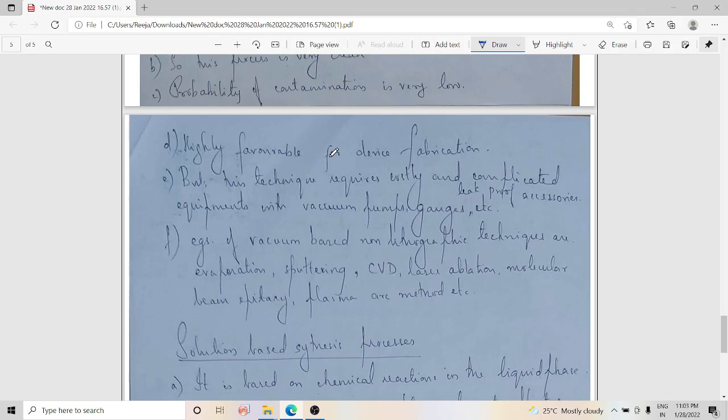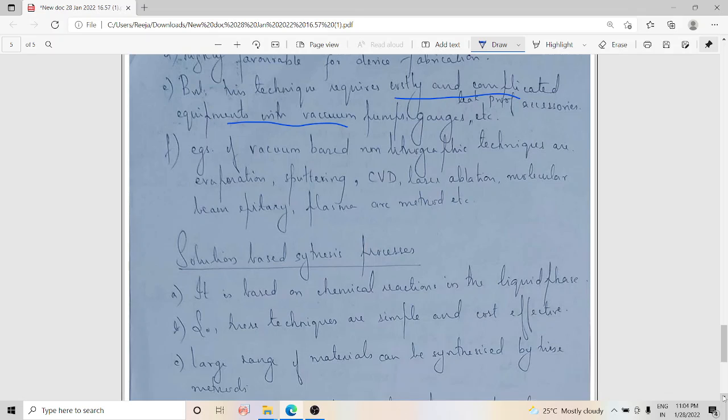It is highly favorable for device fabrication, but the disadvantage is that the technique is quite costly, and complicated equipment like vacuum pumps, gauges, leak-proof accessories, etc. are required. Examples of vacuum-based non-lithographic techniques are evaporation, sputtering, chemical vapor deposition, laser ablation, molecular beam epitaxy, plasma arc method, etc.